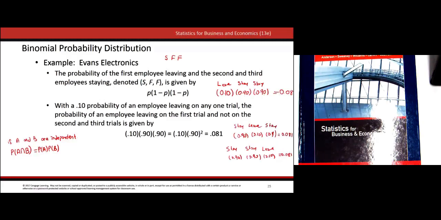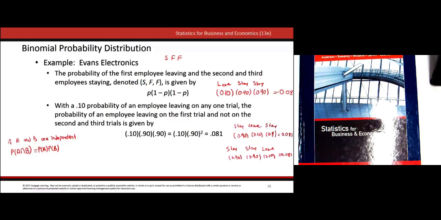So these are the sequences that end up with only one leaving the company. Such as you have employee A, B, C. A leaves, B, C stay. Or B leaves, A and C stay. Or C leaves, A and B stay.